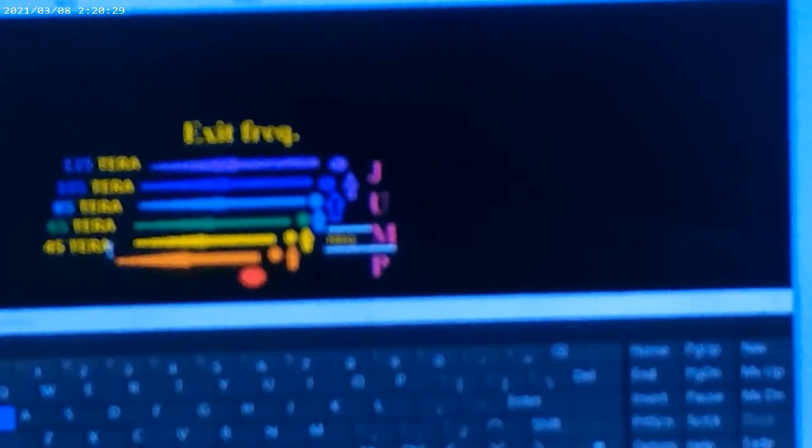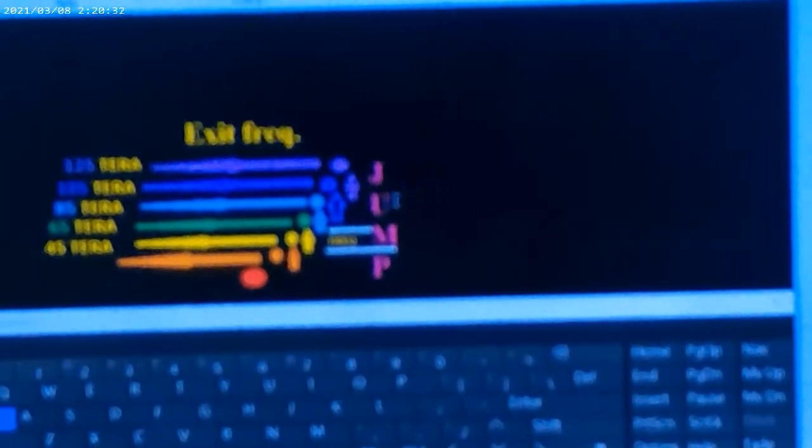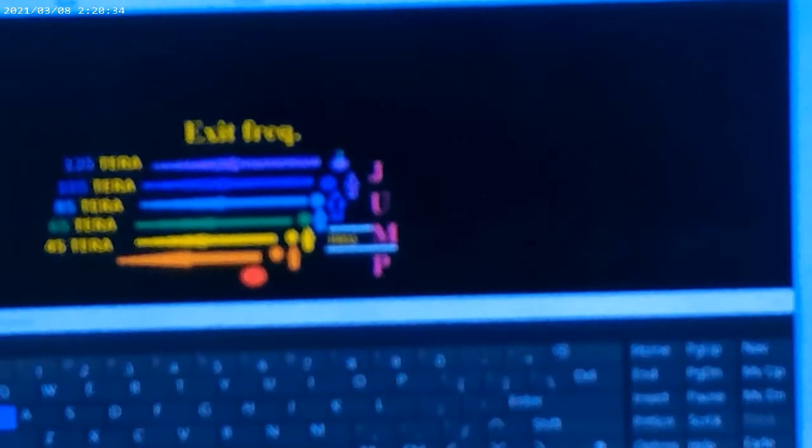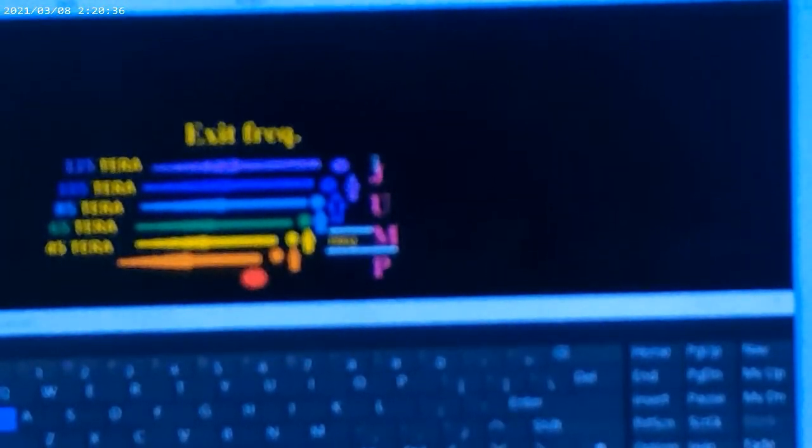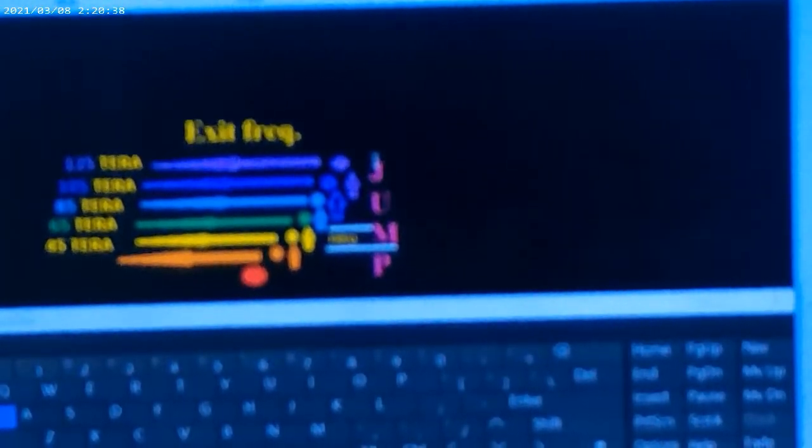There's not enough. Oh, son of a bitch. There's not enough things here.